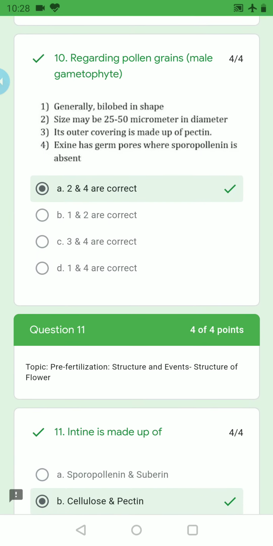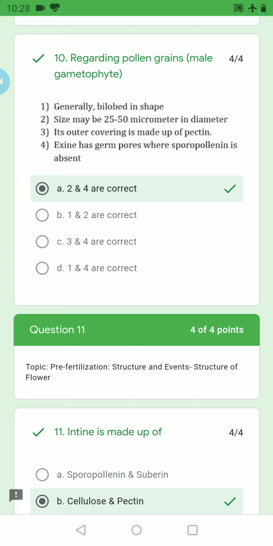The next question. Regarding the pollen grains, that is the male gametophyte, here we should identify how many of the statements they have given are correct, or they may ask true or false. Let me read the statements. The first statement, generally bilobed in shape.